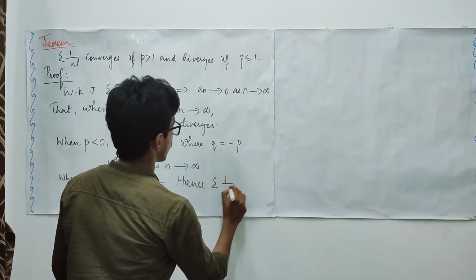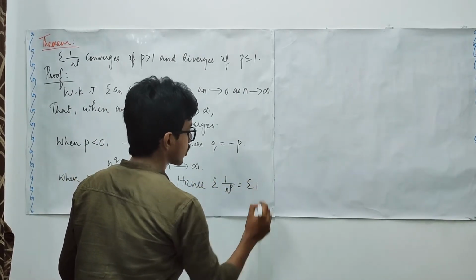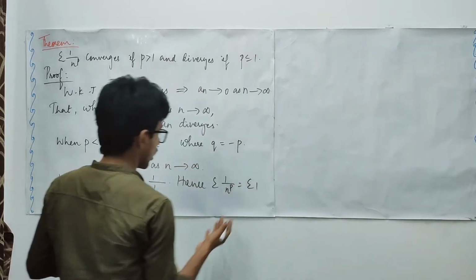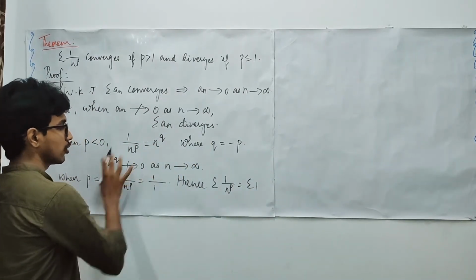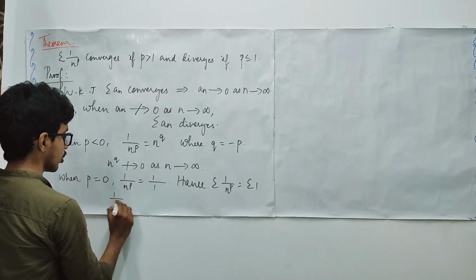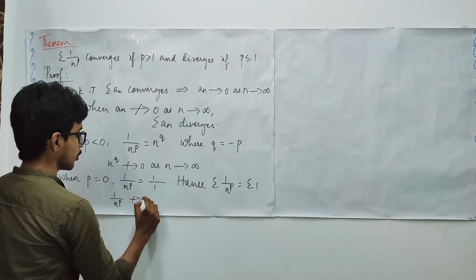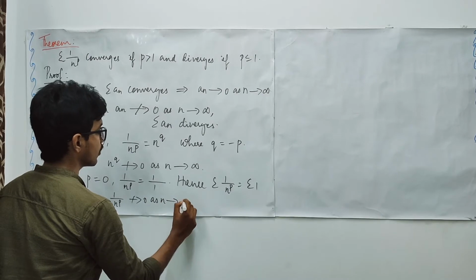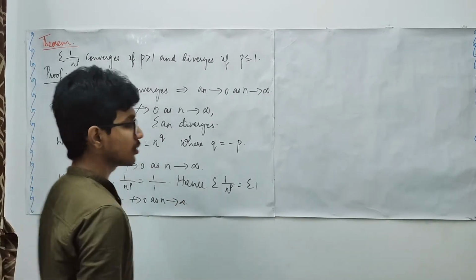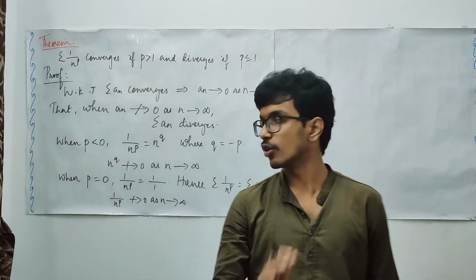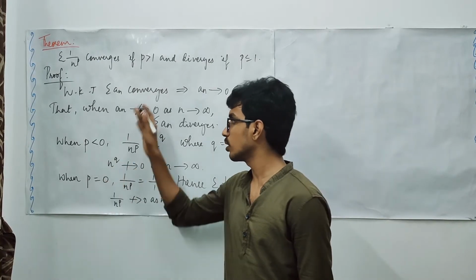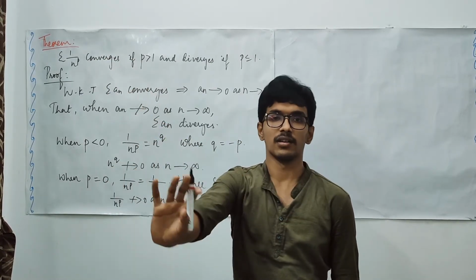Hence, your summation 1 upon n power p becomes summation 1, and here also it is not happening, right? So your 1 power n does not approach 0 as n approaches infinity. Using these two, you may come to a conclusion that when your p value is smaller than or equal to 0, the given series cannot converge.